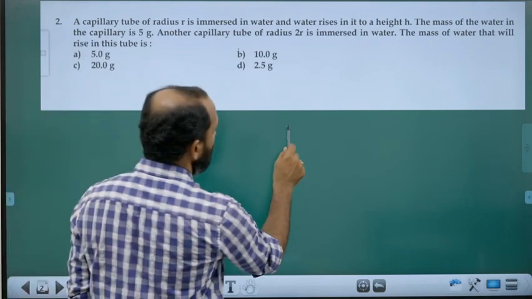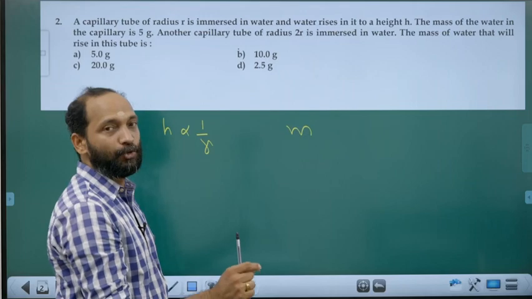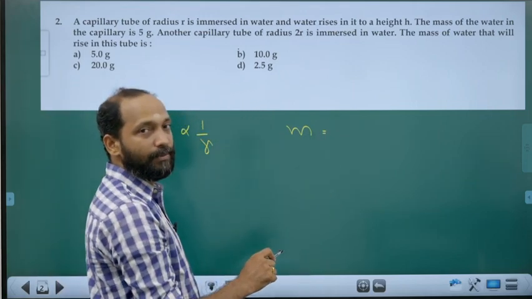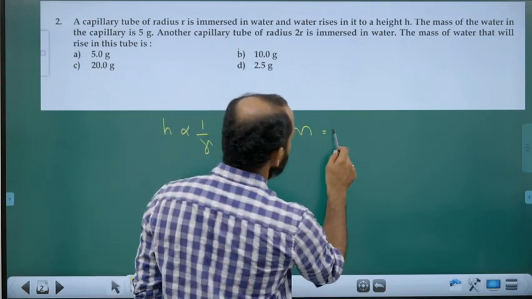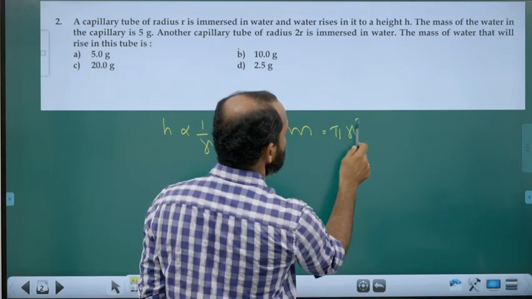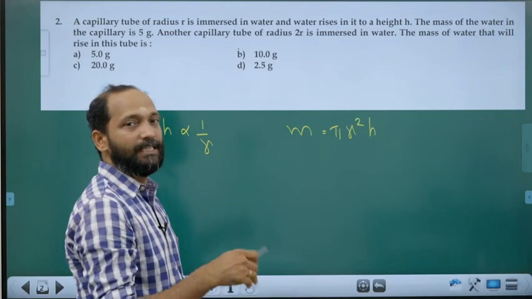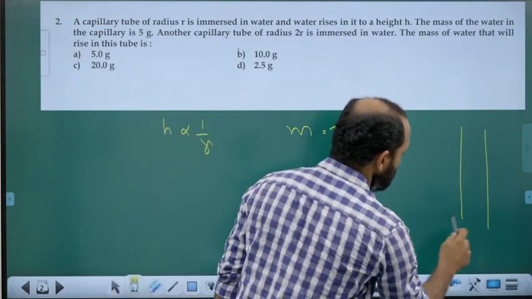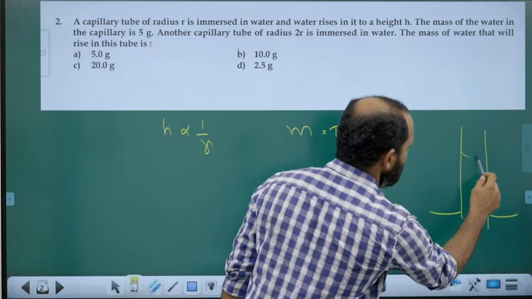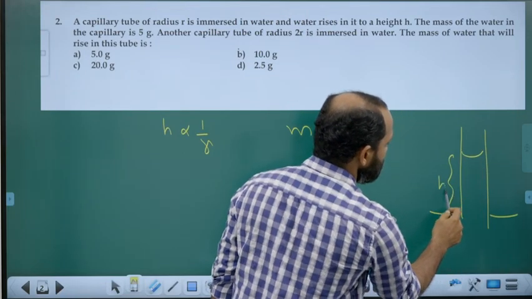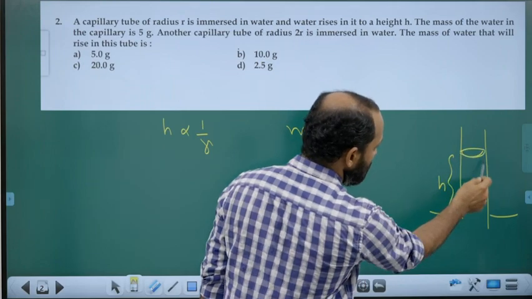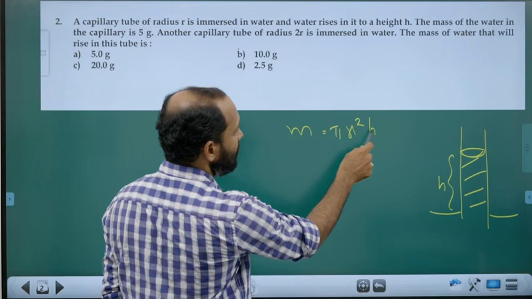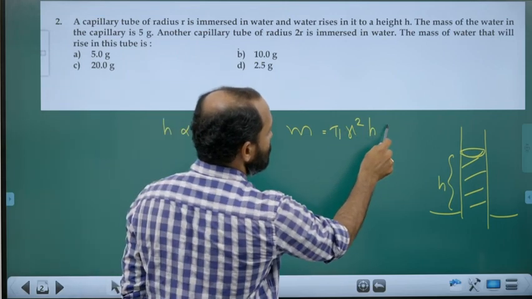But for finding the mass, the water in the tube is a small cylinder. Mass is equal to volume of liquid inside times its density. Volume is pi r square times h, where h is the height to which water rises in the tube. Its volume is area times height, pi r square h, times the density.